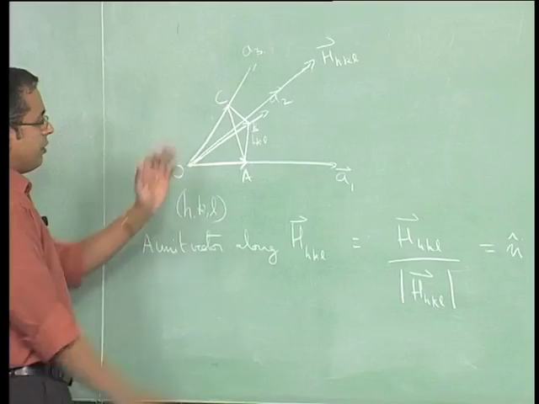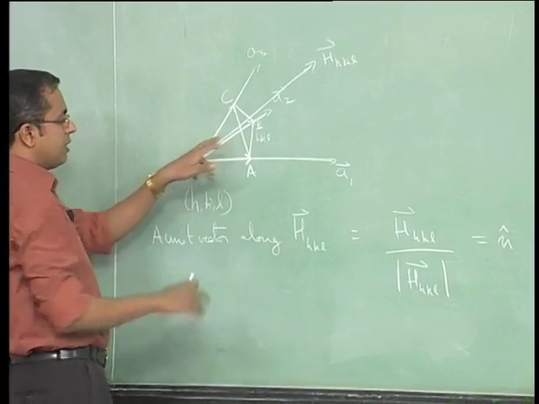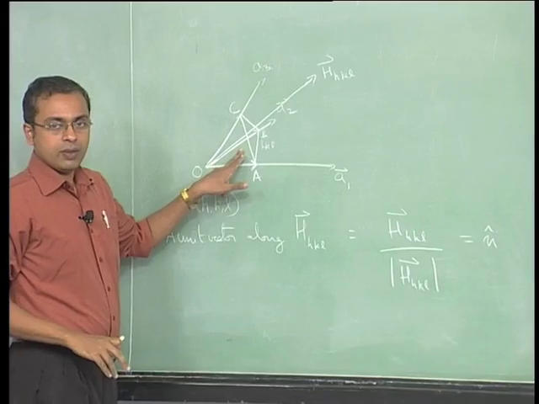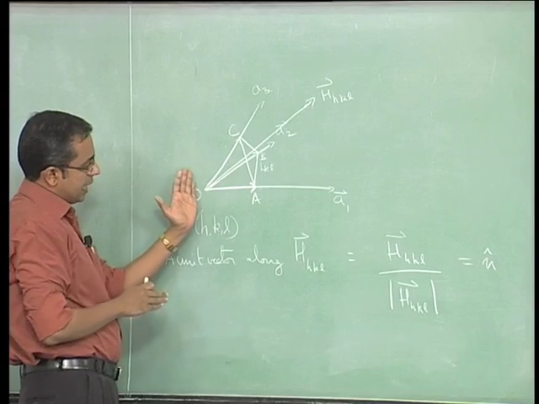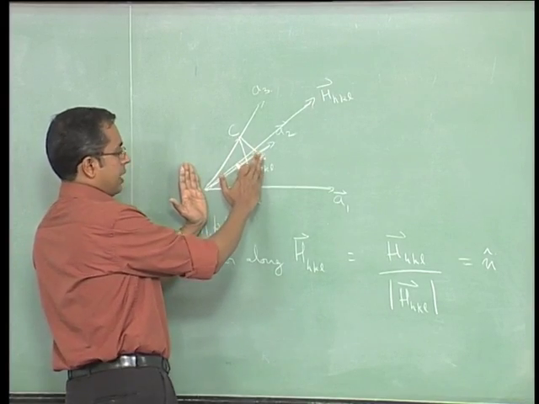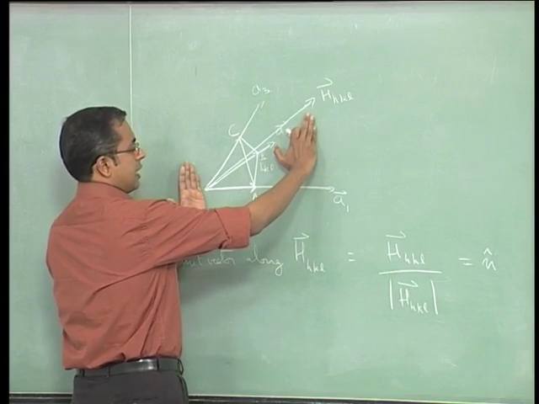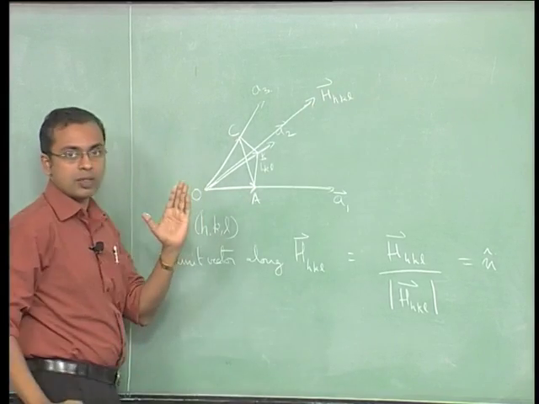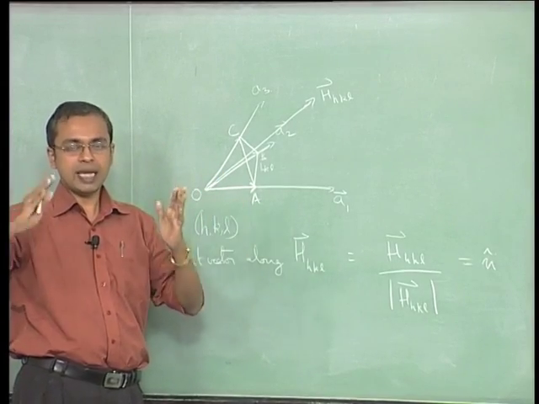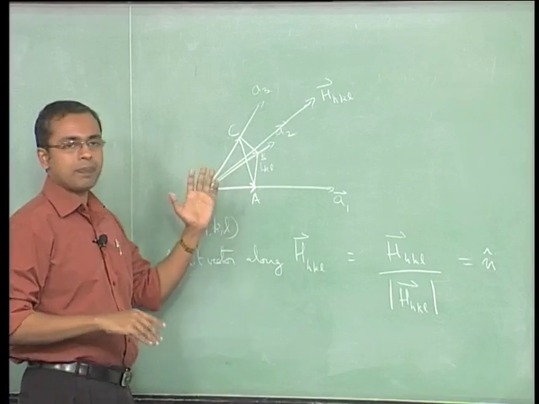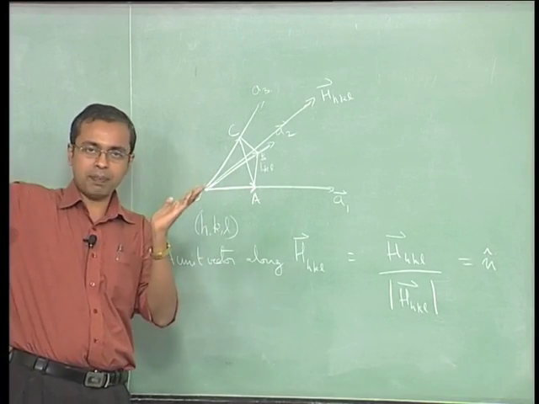Now when we say an HKL plane is defined the way we have just drawn it, we mean that there is a similar plane like it at the origin, then there is one at this location, then one similarly spaced next to it, and so on. That is the way we define a family of planes. When you say an HKL plane, it is not just a single plane, it is that set of parallel planes.